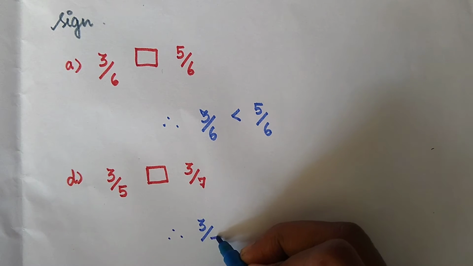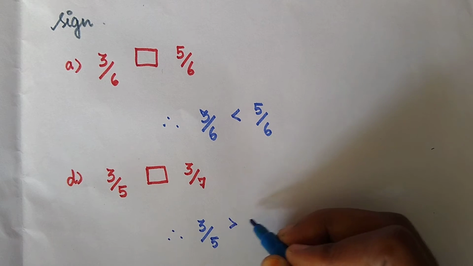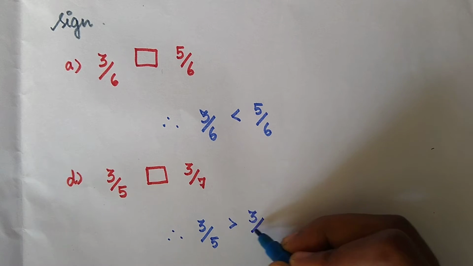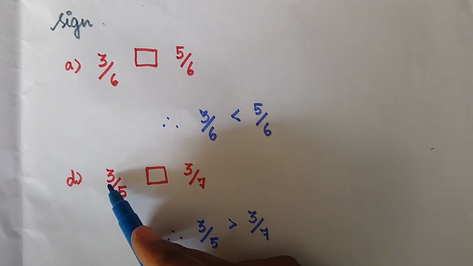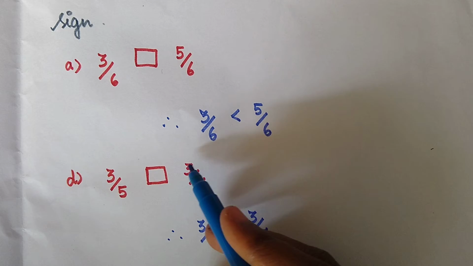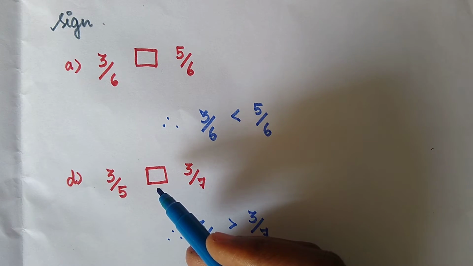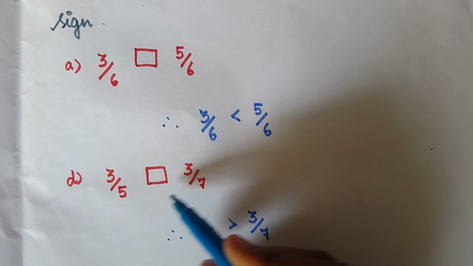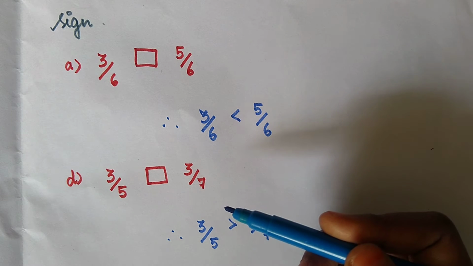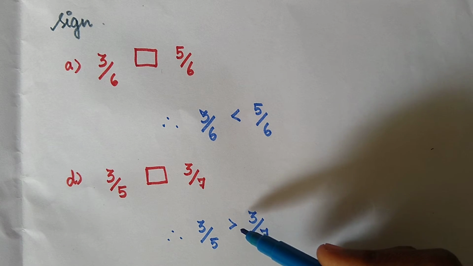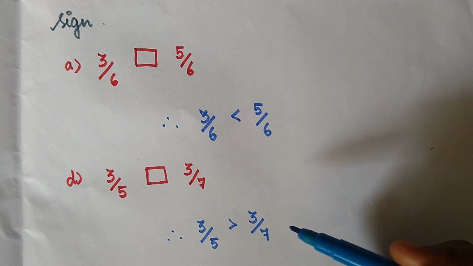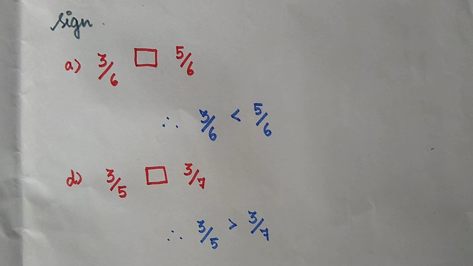So 3 by 5 is greater than 3 by 7, because the numerators are the same but the denominators are different. That's why 3 by 5 is greater than 3 by 7. Are you clear? Next we have to move to the next sum.